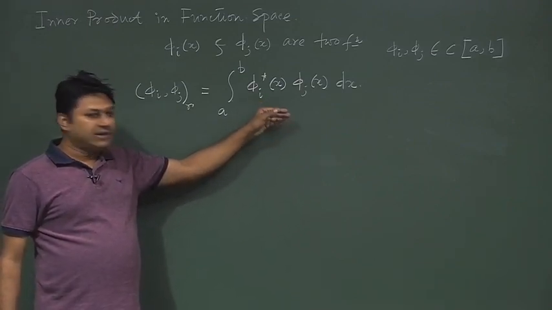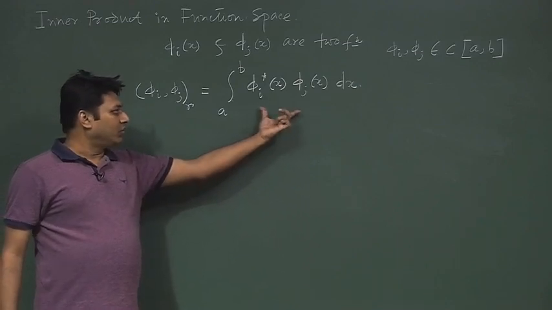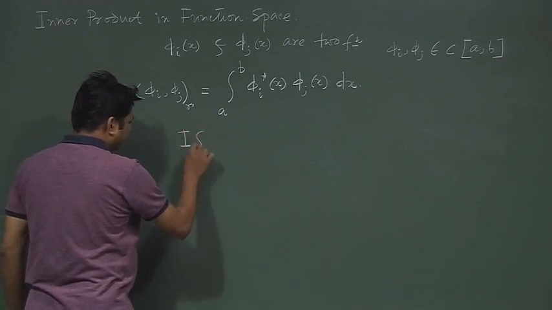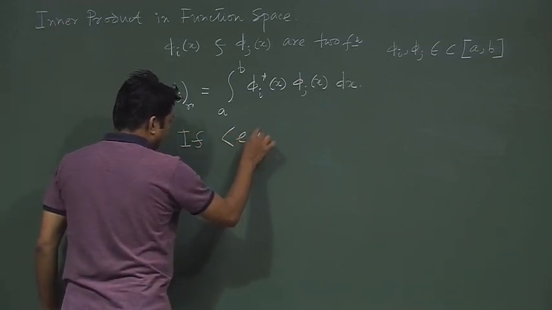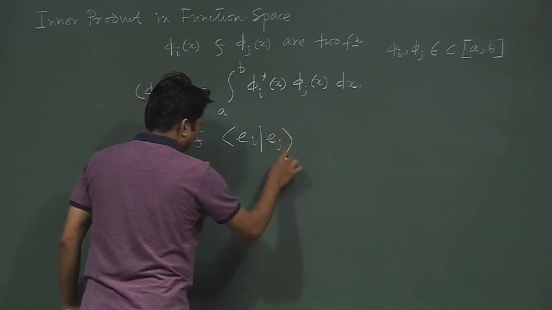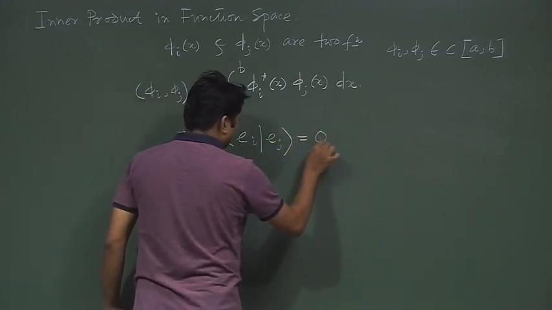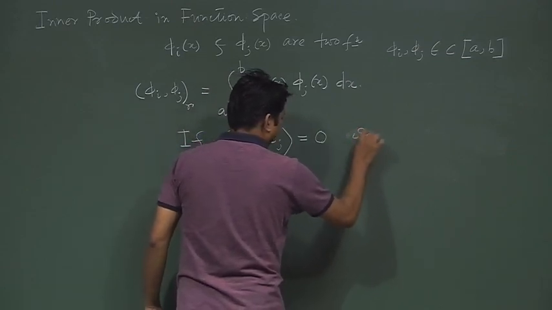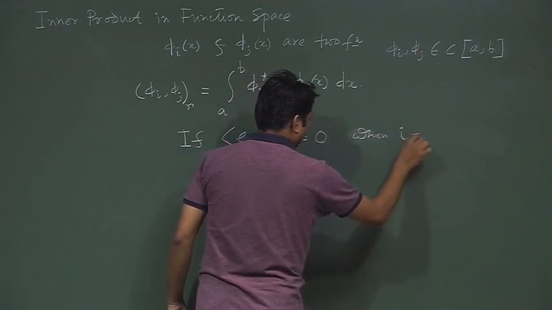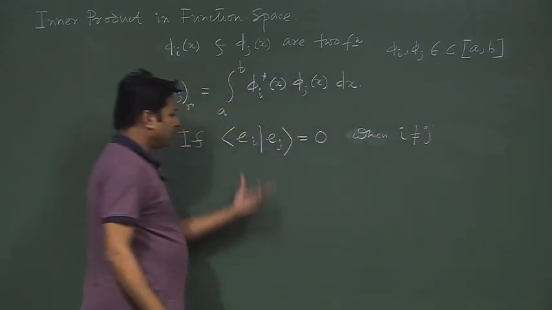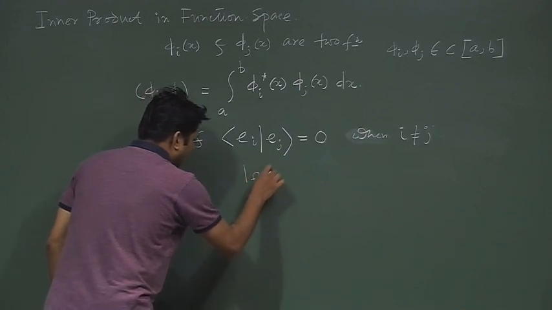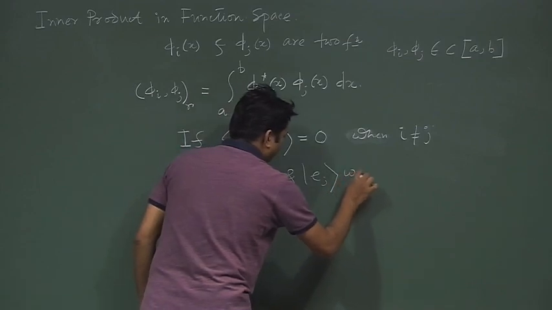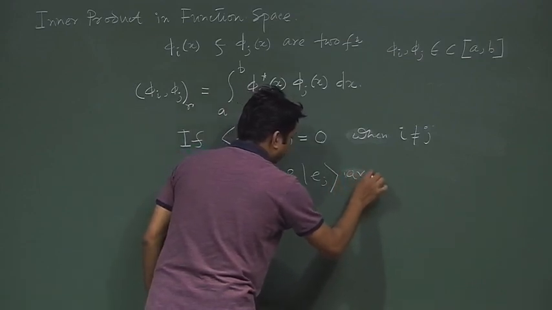Next we need to know the value of this inner product, because in vector space, if ei ej was 0 when i is not equal to j, that means ei and ej are orthogonal.